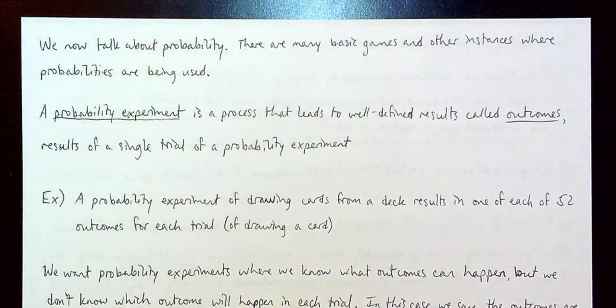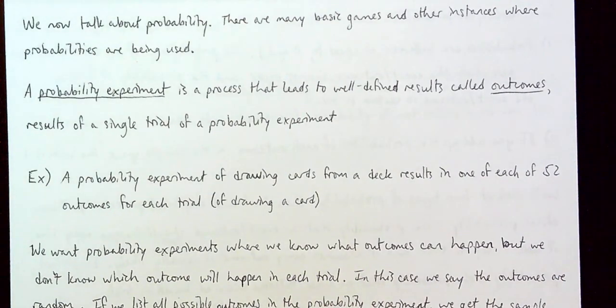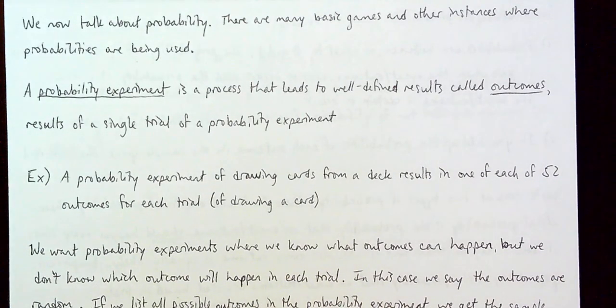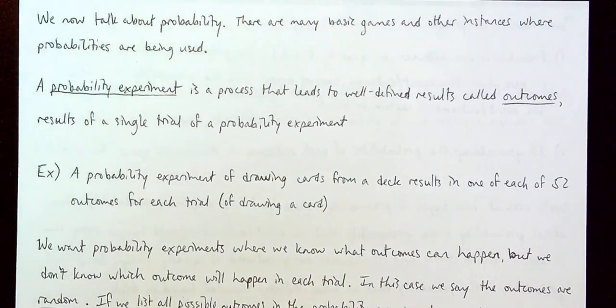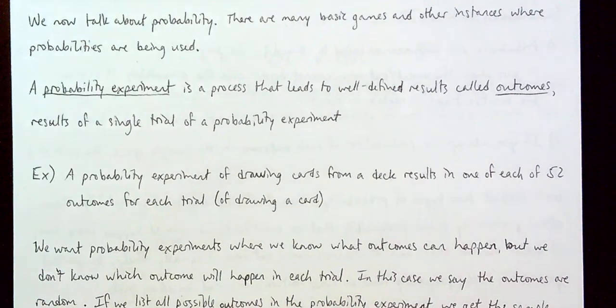You're drawing cards from a deck of standard 52 cards, and the card that you get from that draw is the outcome for that particular draw, or in a more mathematical sense, that particular trial.